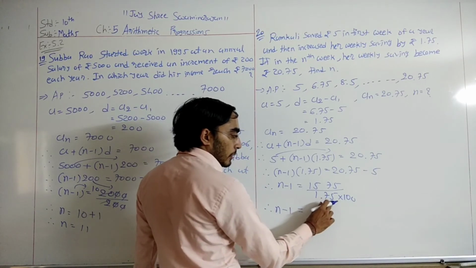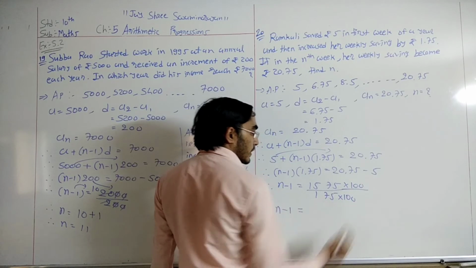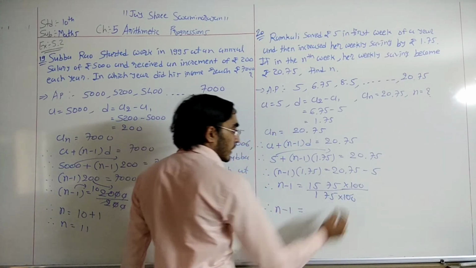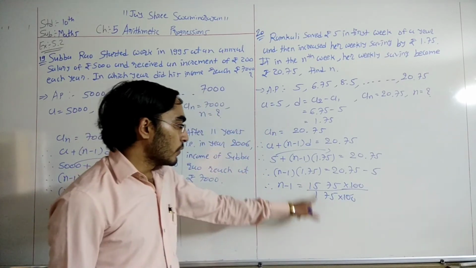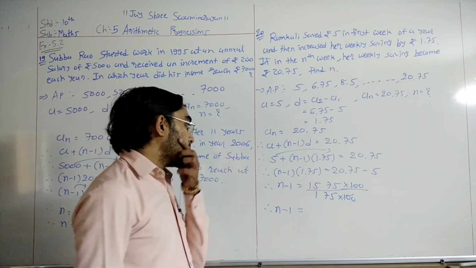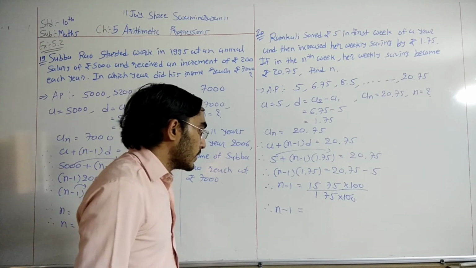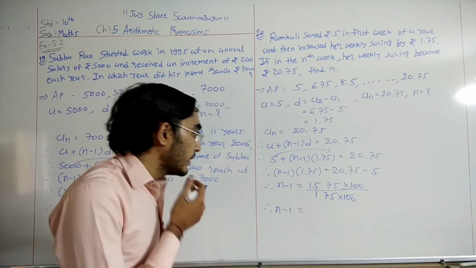Here also after the decimal point there are 2 digits, so remove the decimal point and put 100 here. So this 100 cancels. Now we need to do the division. So 175 and 1575. Which value can we use here? Maybe 7.